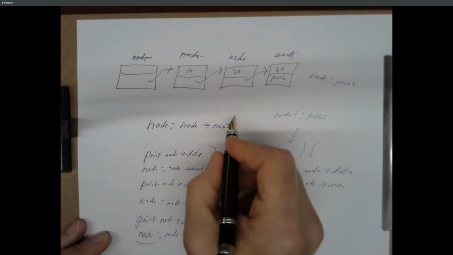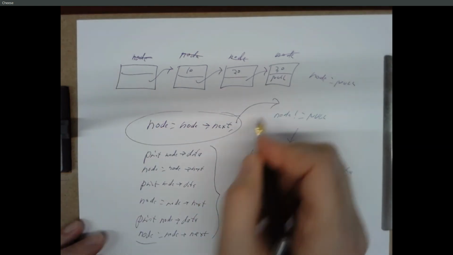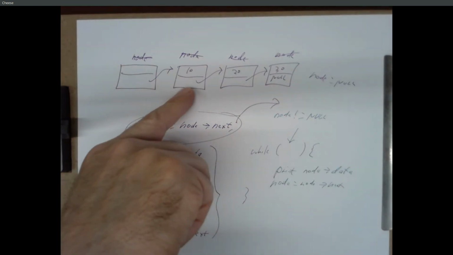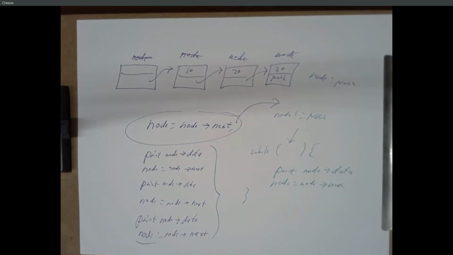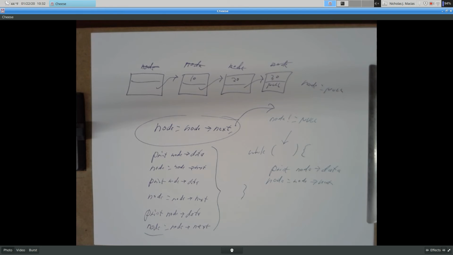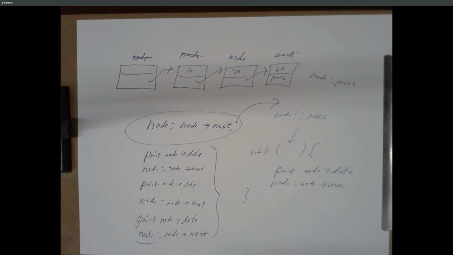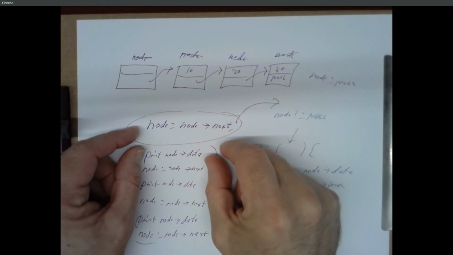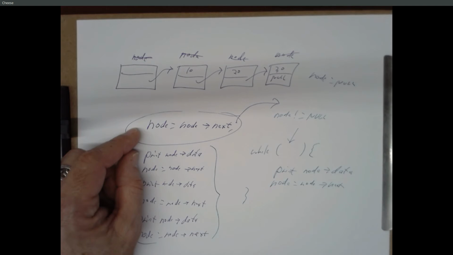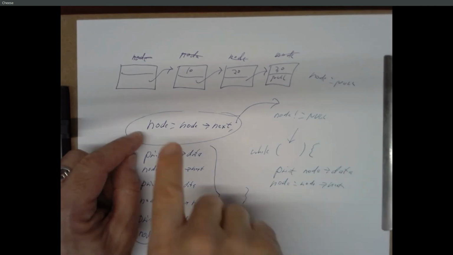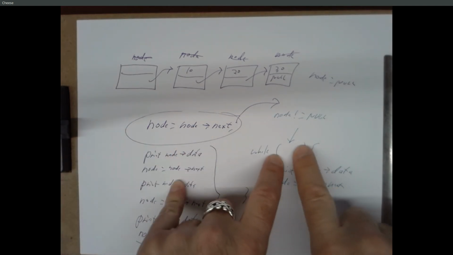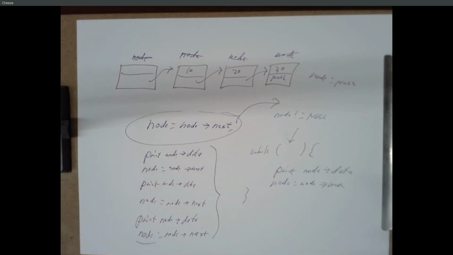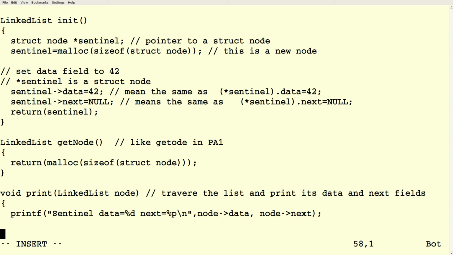But I still want to do this once in the beginning, right? So that I move past the sentinel to my first data node. You can get here however you want, and there's a variety of ways you could do this. I could just throw this whole thing in a loop, and inside the loop I could say if node's equal to null, then break out of the loop. Or I can move once and then in the top of my loop check to see if node is non-null. There's different options here.